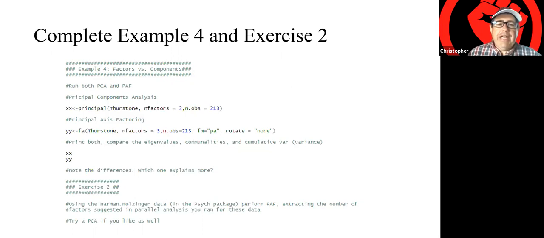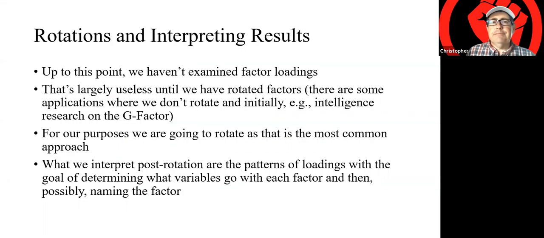Here you're going to be extracting the number of factors suggested by that analysis. You could try that with components as well if you like, for extra practice. All right, so pause the video and we'll be back in a second. All right, and we're back.